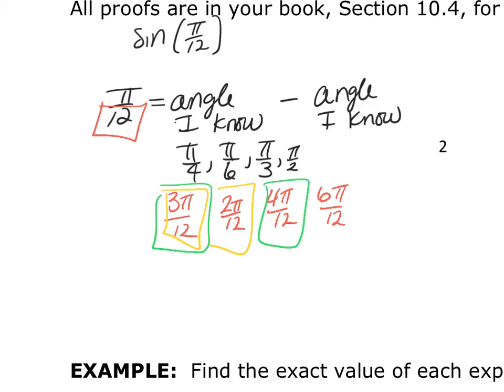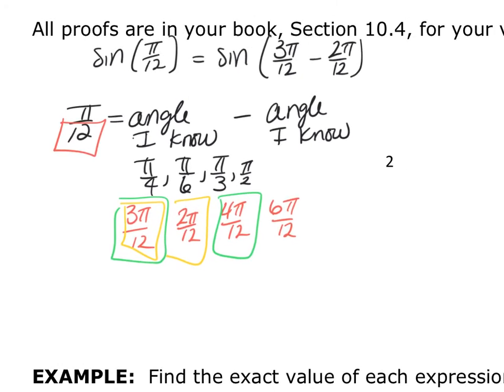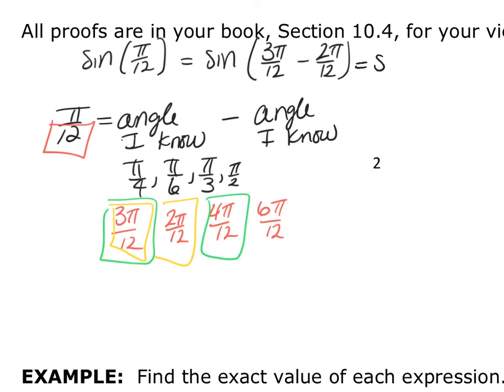So I can write the sine of pi over 12 as the sine of 3 pi over 12 minus 2 pi over 12, because if I do that subtraction, I get 1 pi over 12. Do you all agree? But I'm going to put these back to the angles that I know, so I'm going to rewrite this as the sine of pi over 4 minus pi over 6.